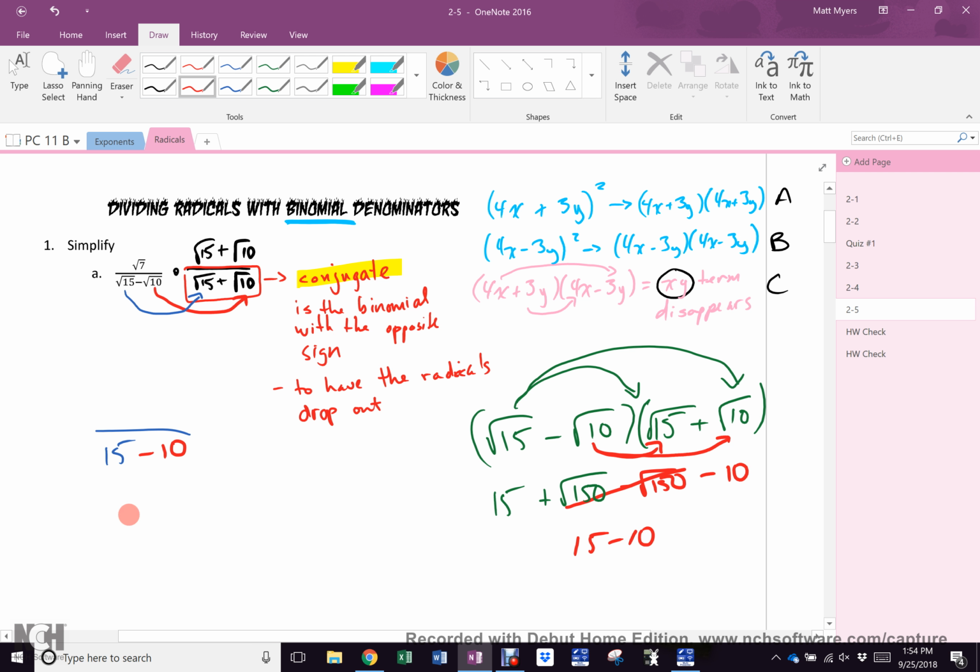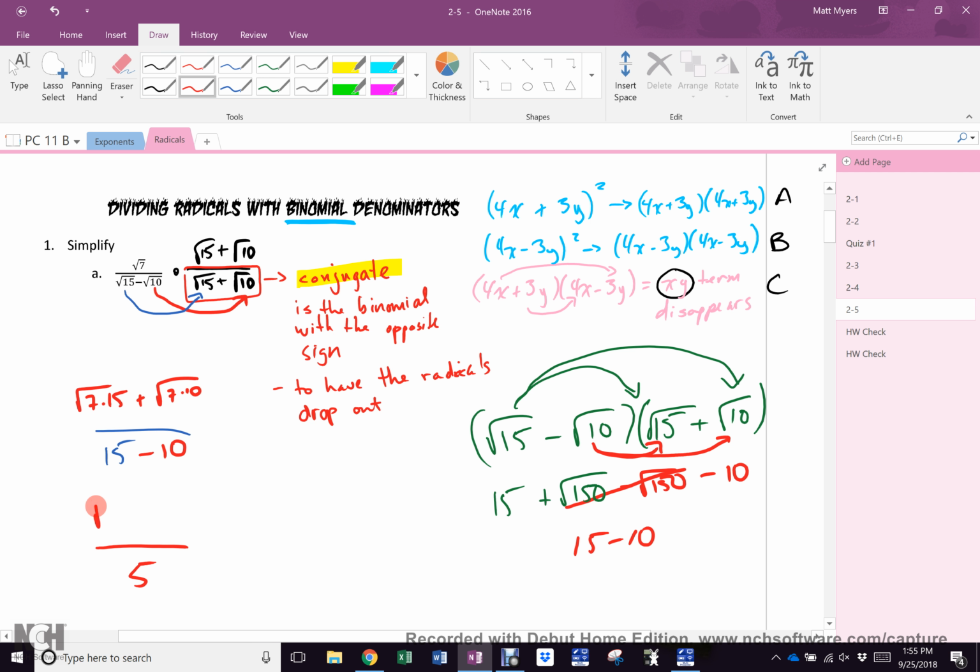What is 15 minus 10? 5. What happens on the top? 7 root 15 plus root 7 times 10.